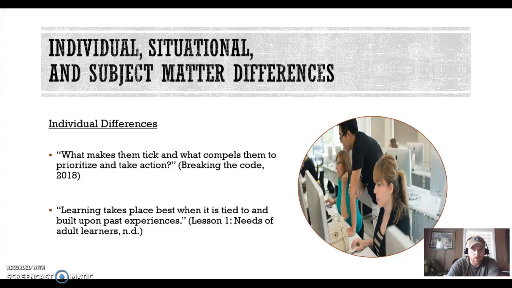The adult learners are not having to take this. It's not like they're having to take that hurricane prep class to keep their insurance. So it's important to know what's motivating them, why they're adjusting their schedule to take this course. Obviously there's a reason that's brought them there.